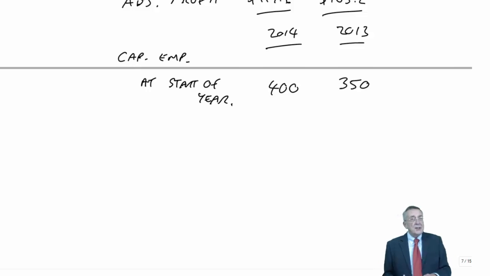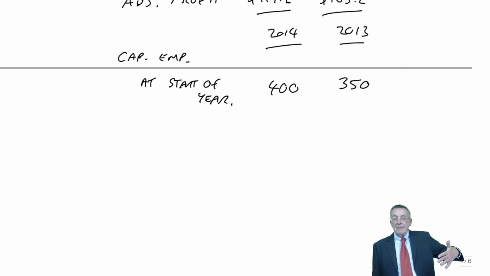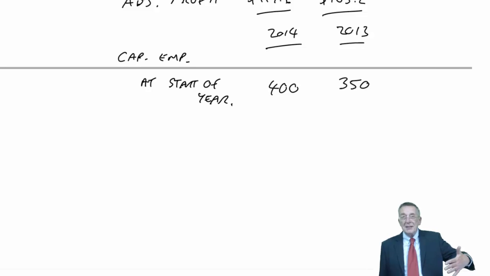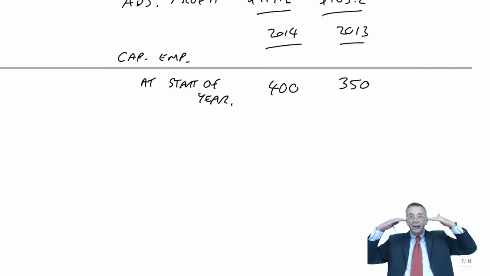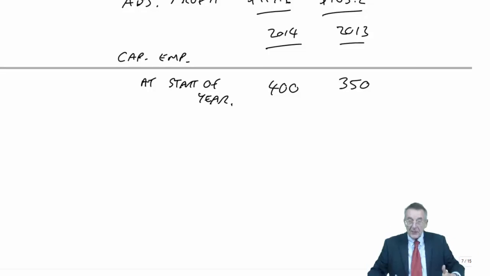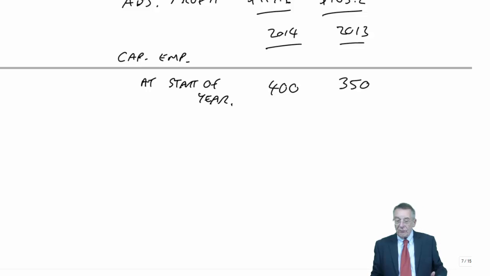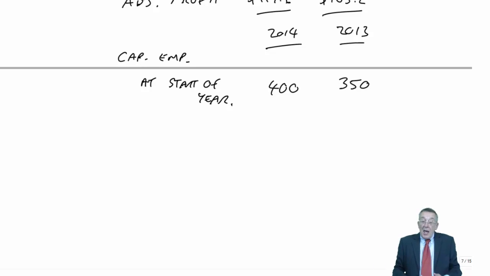So although we're going to adjust it, quite importantly, it's the opening capital employed we use. I've already said, but I'll repeat, because we assume that the assets that existed at the start of the year earned the profit for the year. We do need to make a few adjustments.